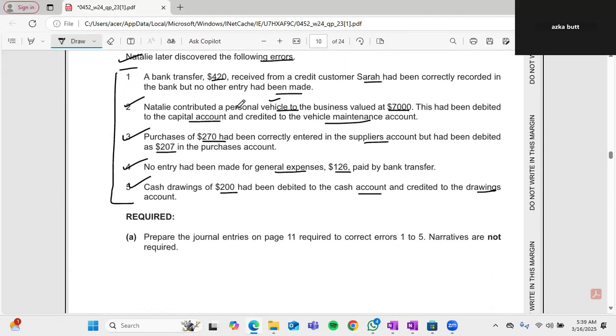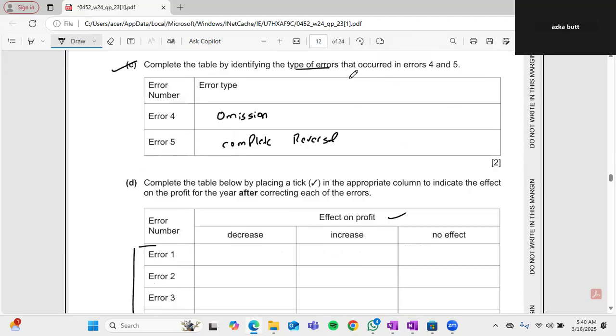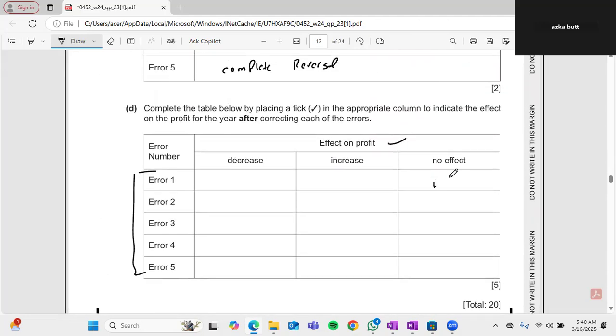A bank transfer of 420 received from credit customer Sarah had been incorrectly recorded in the bank, but no other entry had been made. This is related to the statement of financial position, because we write trade receivables and the bank balance in current assets in the statement of financial position. So this will not affect the income statement. That's why there is no effect.